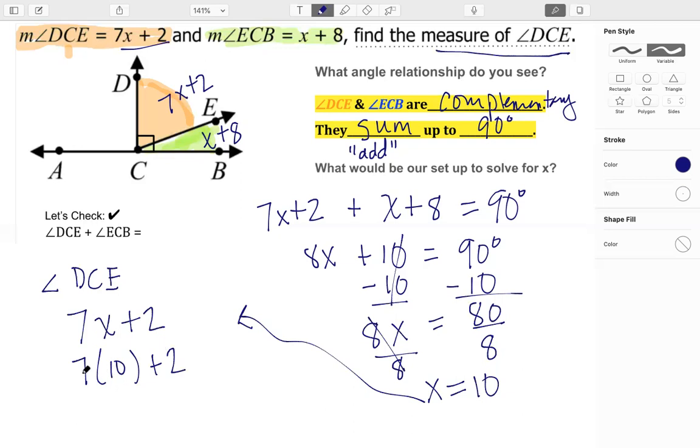We continue to bring everything down and simplify. So 7 times 10 gives us 70, plus 2 gives us 72 degrees. So now this is our final answer. We have found that the angle in orange is equal to 72 degrees. Okay, let's move on to our next problem.